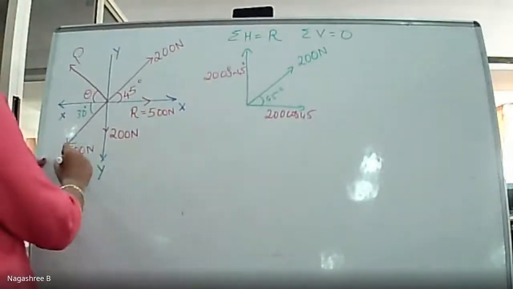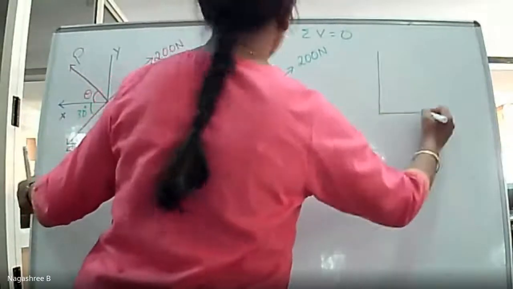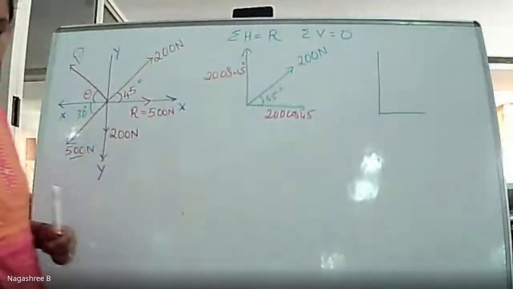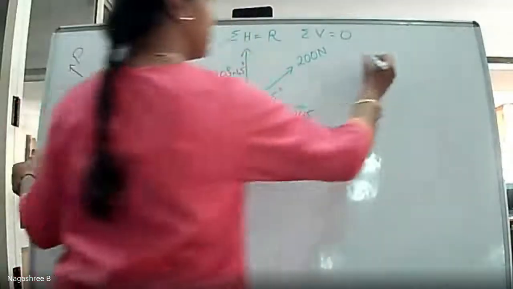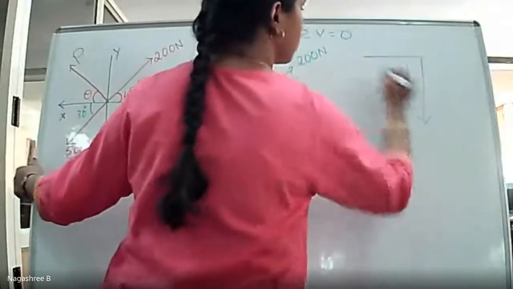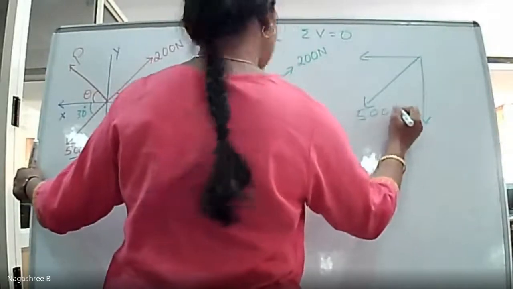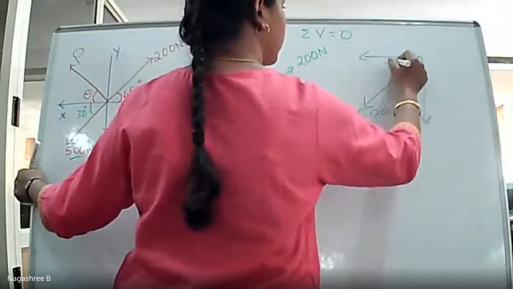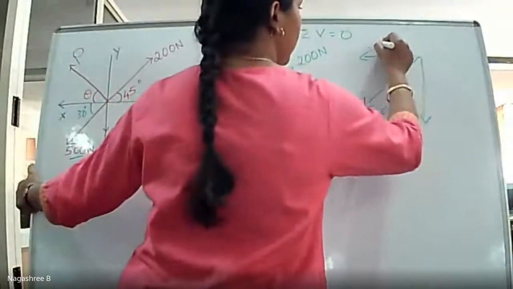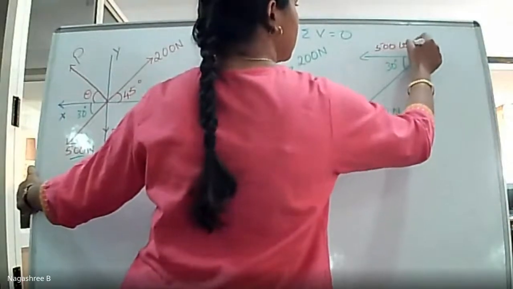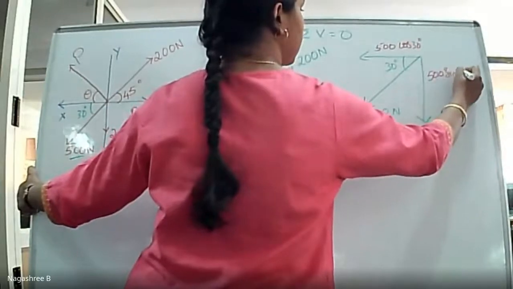Next, coming on to this force, that is 500 Newton, it is in the third quadrant. In the same way, if I draw the resolution of the 500 Newton force, it is acting at an angle of 30 degrees, so the resolution will be 500 cos 30 and 500 sin 30.